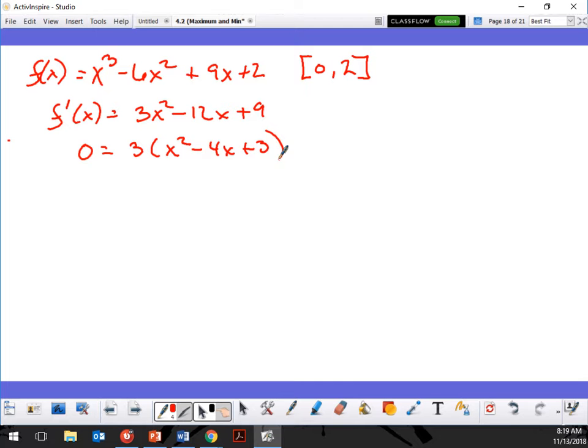So 0 equals 3 times the quantity x minus 3 times x minus 1. So where are my critical numbers going to be? x is positive 3 and positive 1.